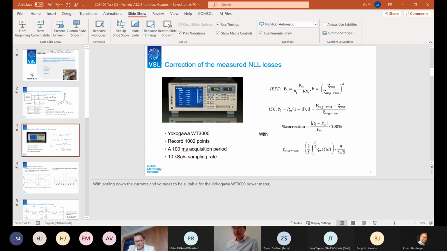Thank you, Jens, for your question. My understanding is we had the same doubt when we were analyzing the data. We looked at the waveform and did the Fourier transform for the voltage and current, and looked at individual orders and the phase angle between them.